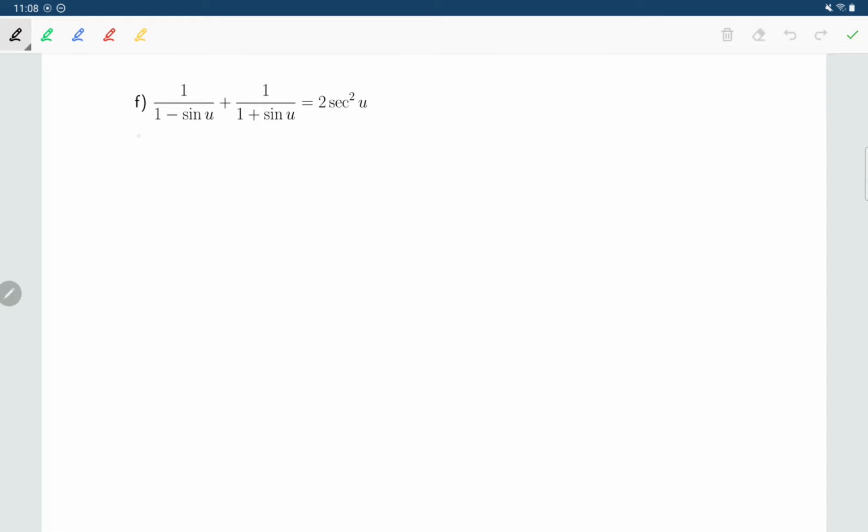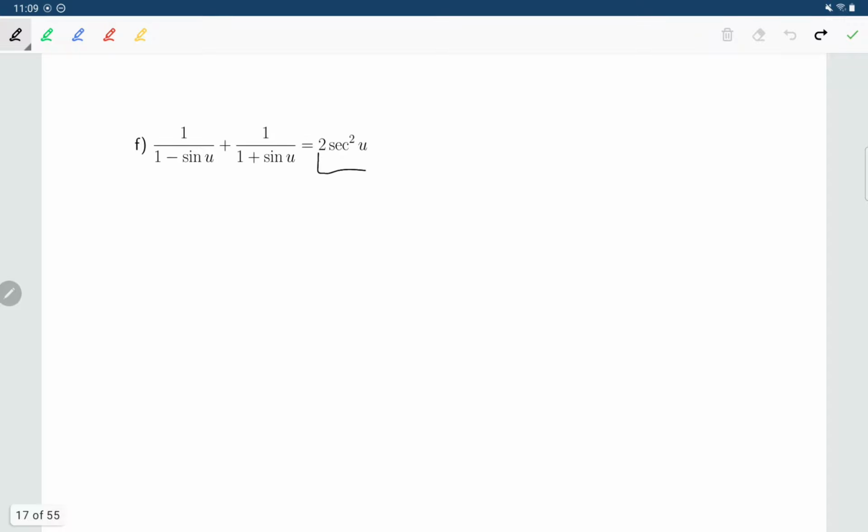Let's do another one here. I'm thinking again about maybe making the left side my first approach, because I see I've got two fractions. I can certainly make common denominators and combine them together. And that seems to be a good move because on the right side of the equation, there's only one term. So that's kind of why I'm thinking I should start with the left side and combine them together.